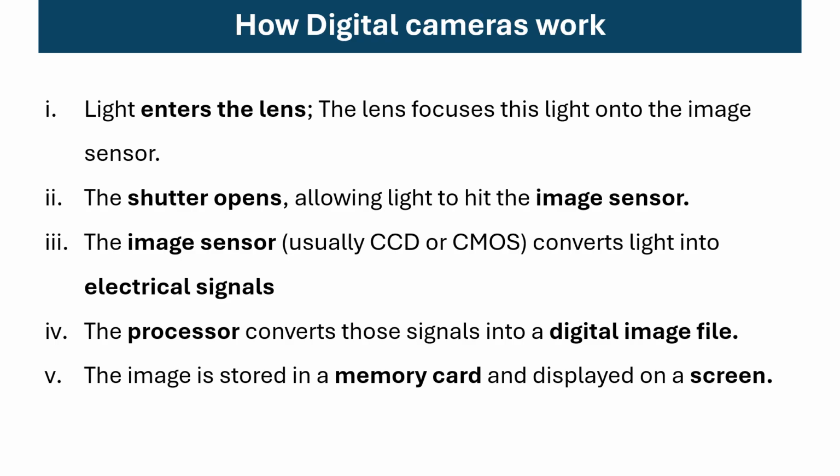Then the image is stored in a memory card and displayed on a screen. So when you take a camera and press the shutter button, the shutter opens, the light enters the camera and is directed to the image sensor. The signals are converted to the image file, stored in the memory card, then displayed on your camera.